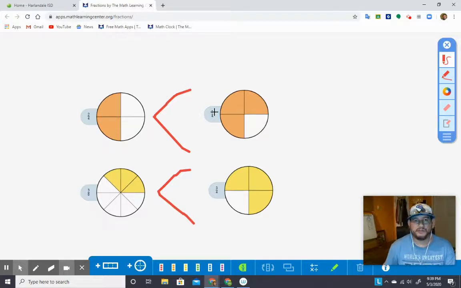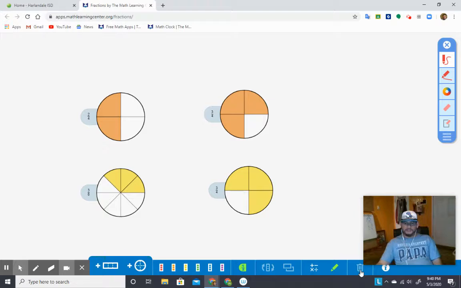When you're comparing the numerators, the bigger the numerator, the bigger the fraction. When you compare the denominators, the smaller the denominator, the bigger the fraction. You got it? Okay, so that's how we compare them. Now, what if we get something like, let me erase this, get y'all a clean board.